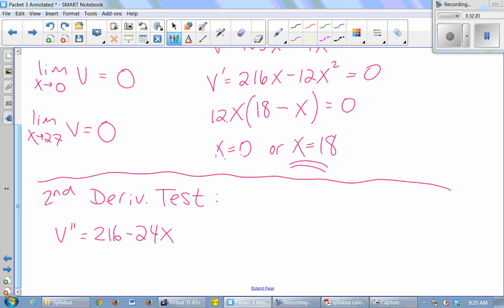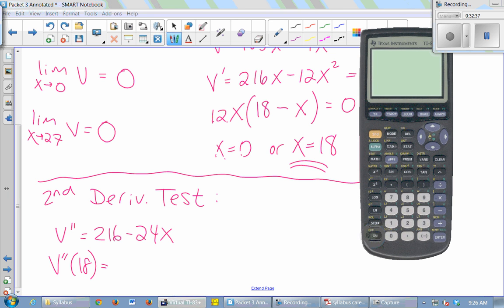And this problem is a good candidate for the second derivative test because it's not hard to take the second derivative. All right, and then we're going to plug in the point of interest, 18, and 216 minus 24 times 18 is negative 216, which is less than 0.